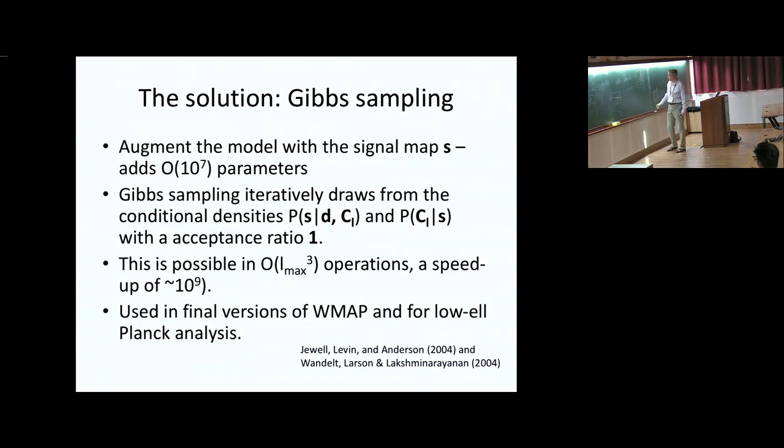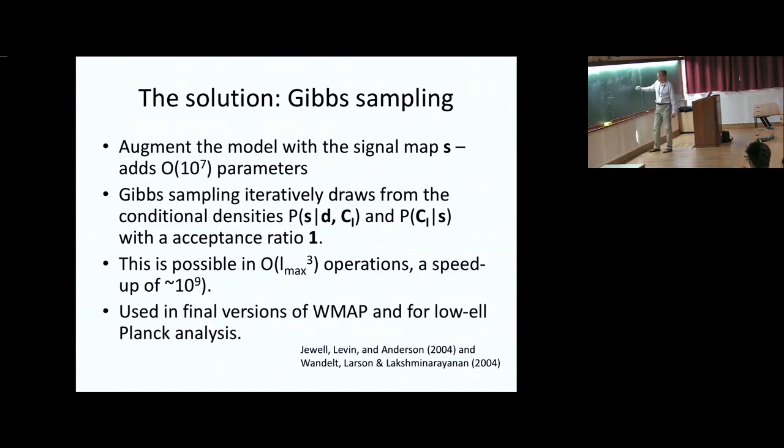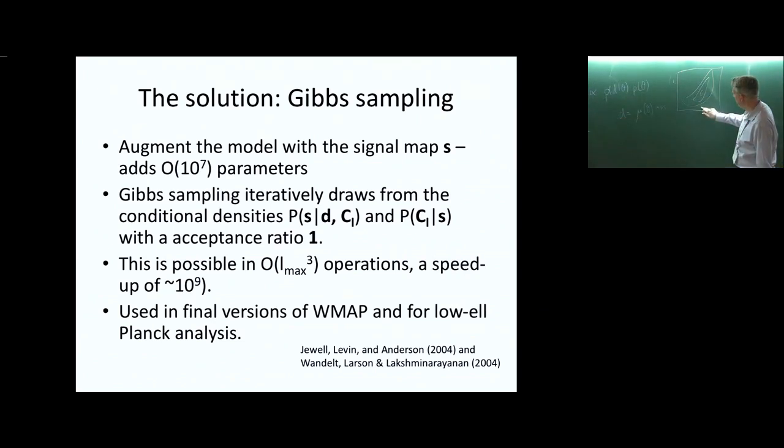It's going to be non-Gaussian, but let's say I start here. Then, given my signal map, now it's easy to do power spectrum estimation because I have a perfect signal map. I just calculate the power spectrum of it. And I need to add some fluctuations in a certain way, but that means I can easily sample from this conditional posterior, which is P of Cl given the signal.